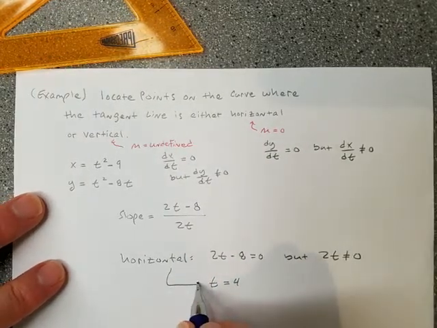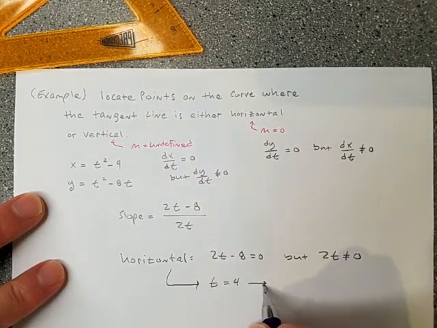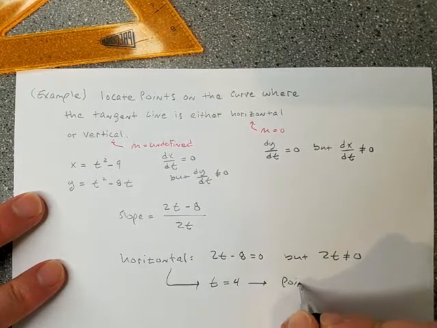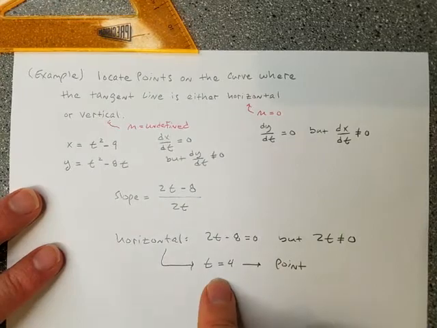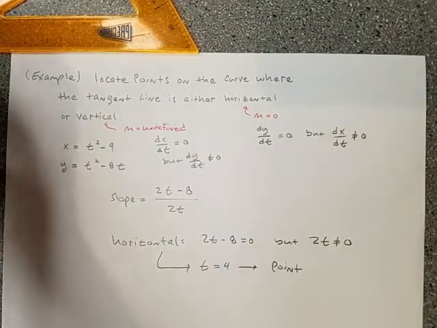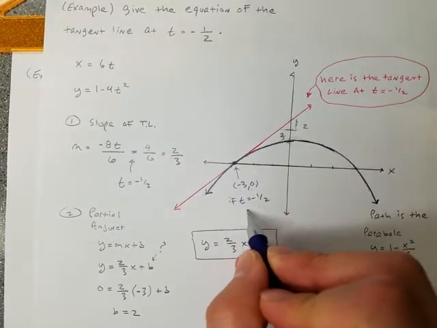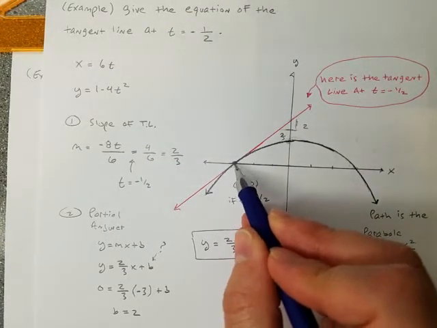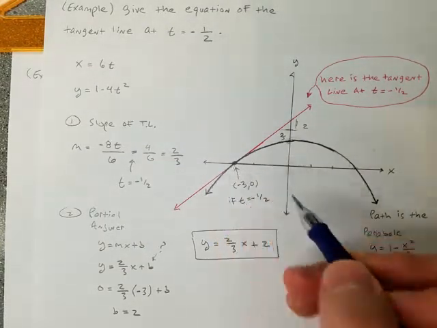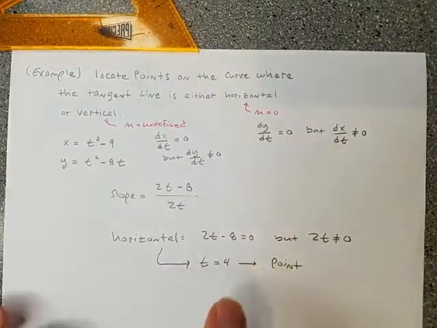So, horizontal at t equals 4, but that's not the point on the curve. That's the time. We're thinking of this as times and places. At that time, you're at that place on this curve. So that wouldn't really be a point.